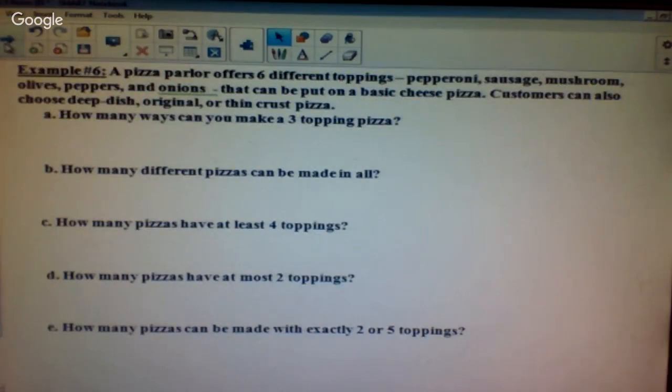A pizza parlor offers 6 different toppings: pepperoni, sausage, mushroom, olives, peppers, and onions that can be put on a basic cheese pizza. Customers can also choose deep dish, original, or thin crust. Okay, so first off, we need to be concerned with the toppings. How many ways can you make a 3-topping pizza in this scenario?